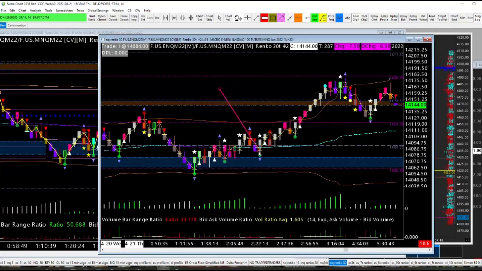But the idea is you can use the edges of these power bars, like this one would be the high of this, or the high of this, or the high of this, to know that bulls, if we start trading and develop volume above that, like here, we're developing volume above this power bar, right?